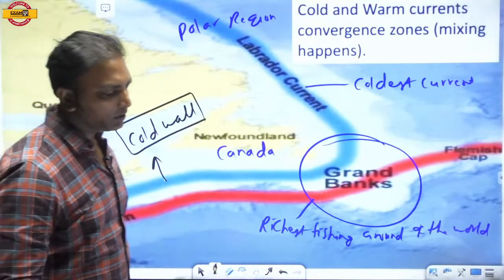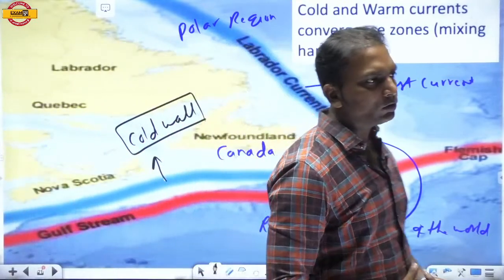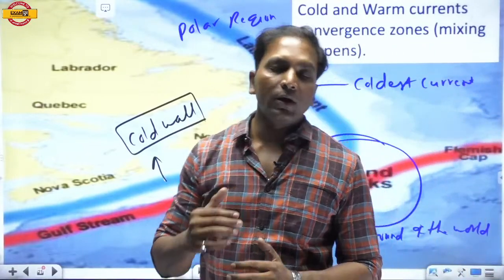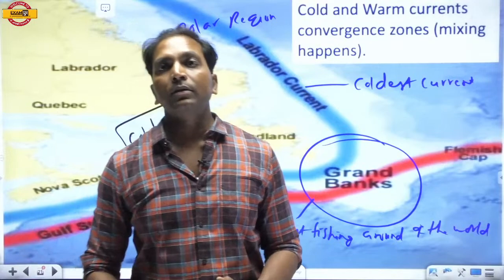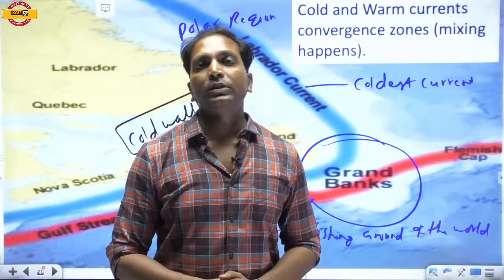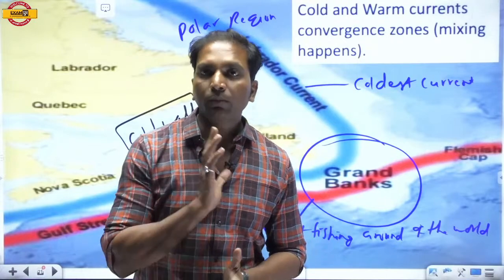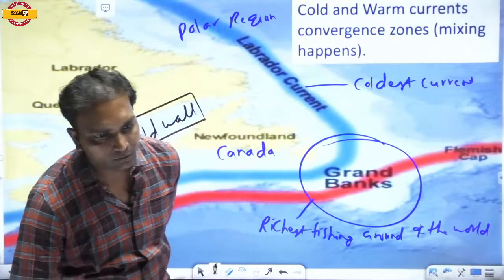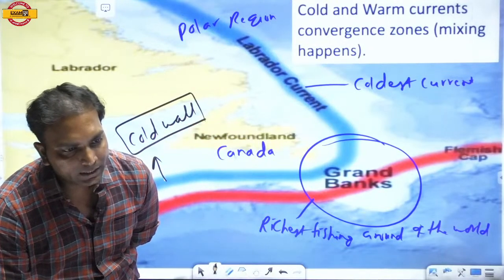Sometimes the question also demands why the eastern coast of USA is not totally covered by snow in the winter season. It is because of the presence of Gulf Stream currents on the eastern coast of USA. Right, is it clear?